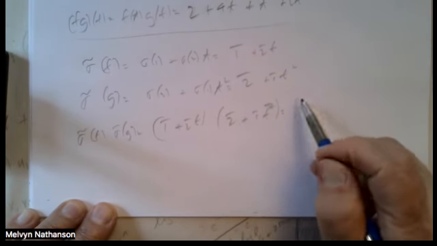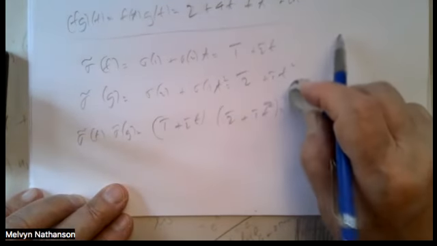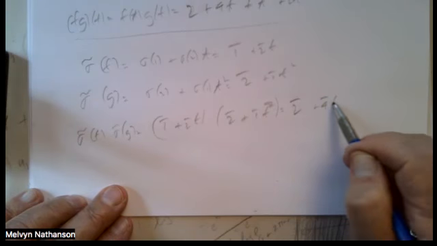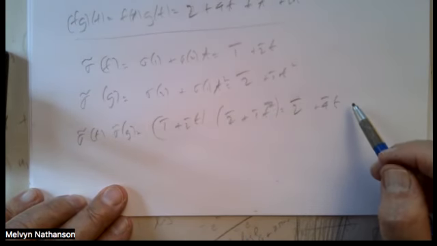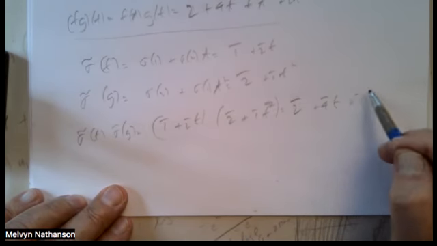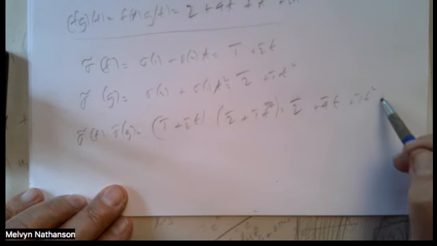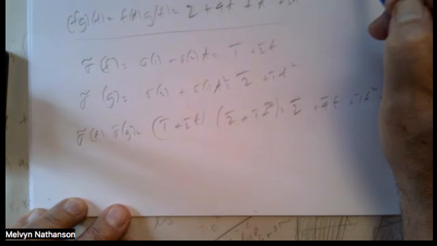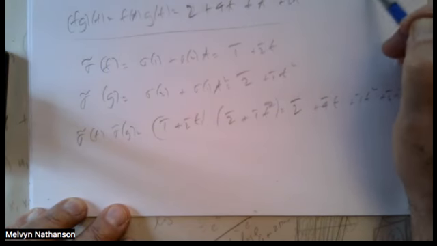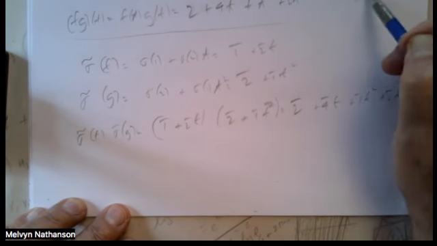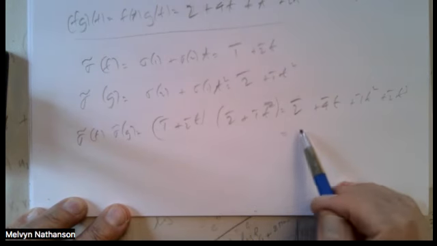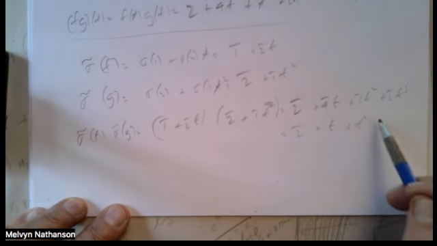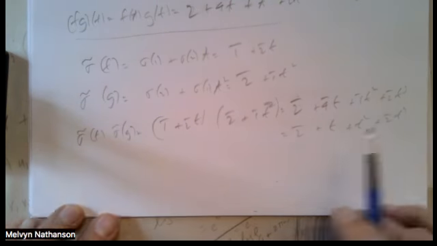That's equal to 2 bar plus 4 bar t plus 1 bar t squared plus 2 bar t cubed. But 4 bar is 4 plus 3Z, which is the same as 1 plus 3Z, or 1 bar. So this is 2 bar plus 1 bar t plus 1 bar t squared plus 2 bar t cubed.